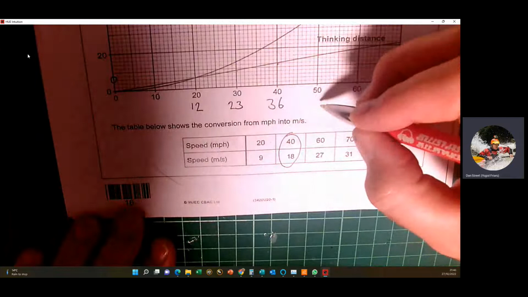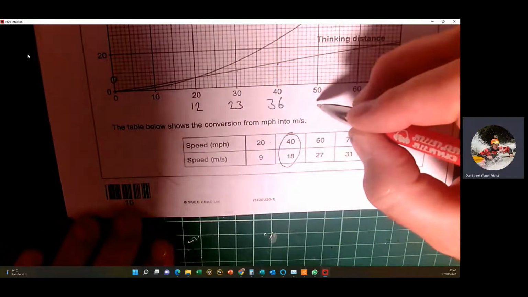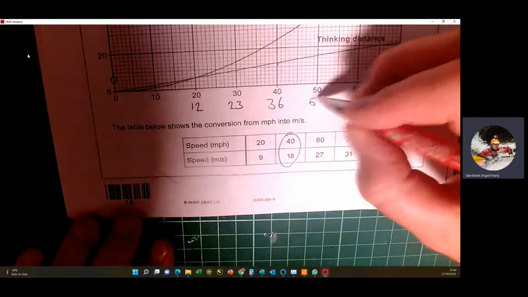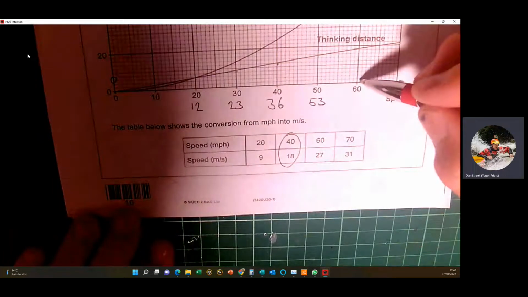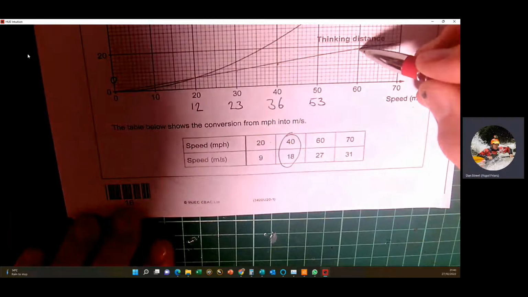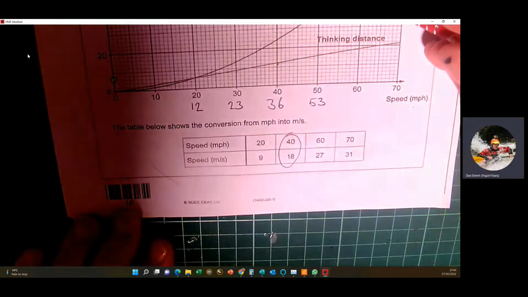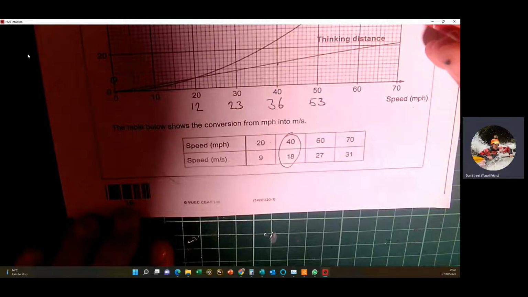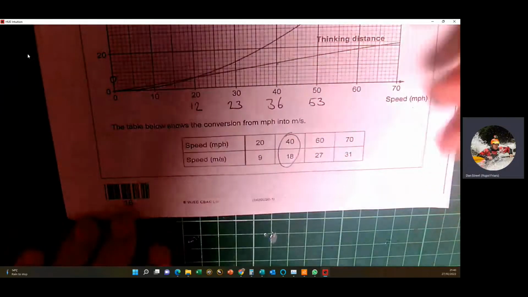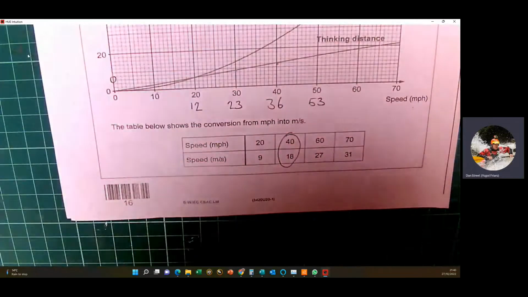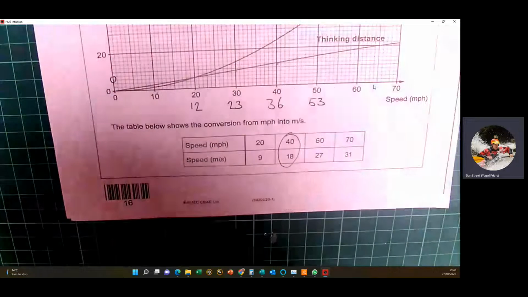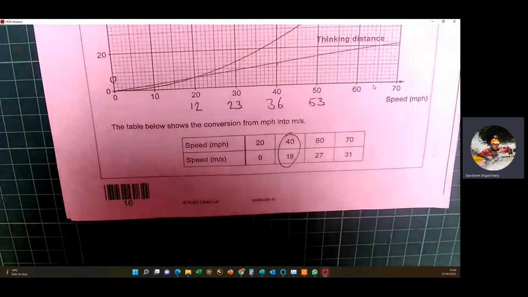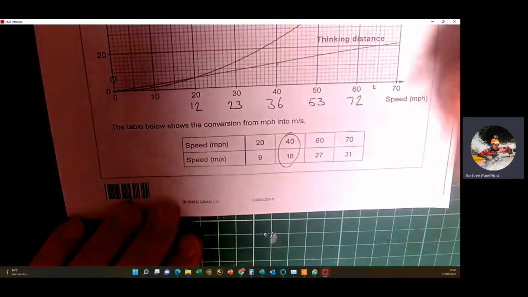So 15 and 38 is 53. Okay, and then 60, we've got 18 and 35, which is 53. No, it's not. Resort to a calculator, doing things under pressure. So we've got 72, and finally we've got 95.